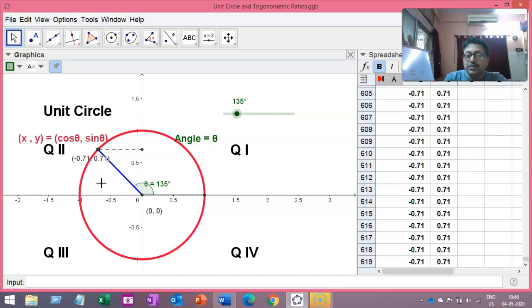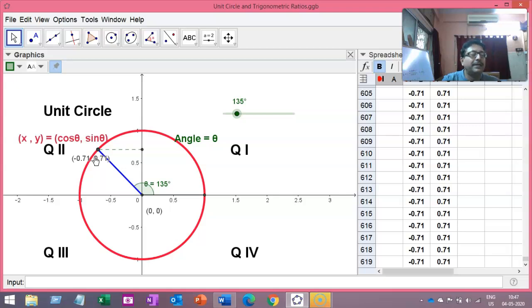Here you see that the length of perpendicular is 1 unit and the height is here 0.71. So what is the sign of sine over there? It will remain positive because perpendicular by hypotenuse, or hypotenuse by perpendicular, both are positive. So they are only positive.